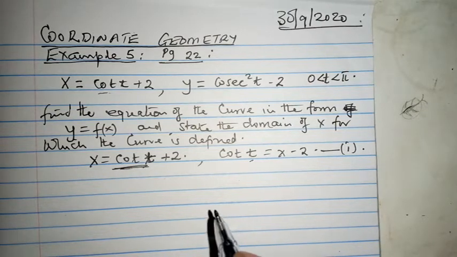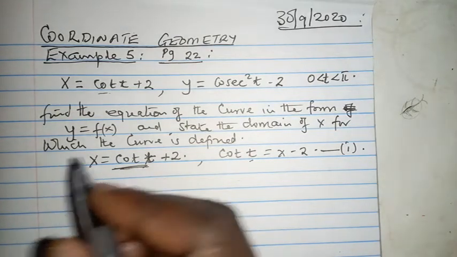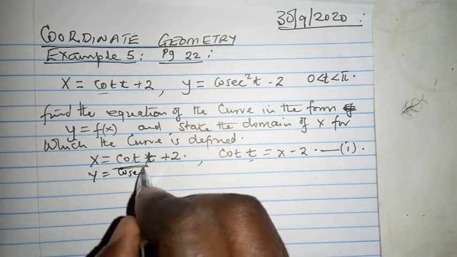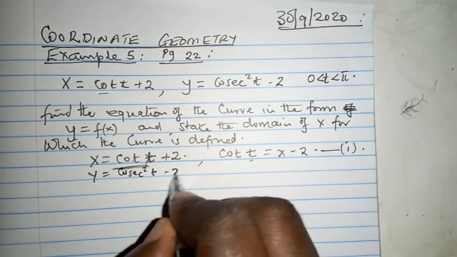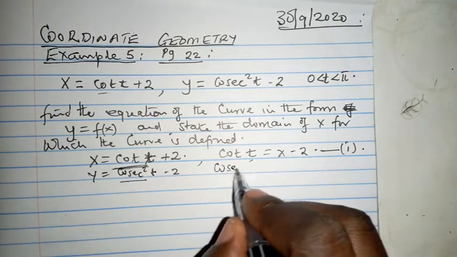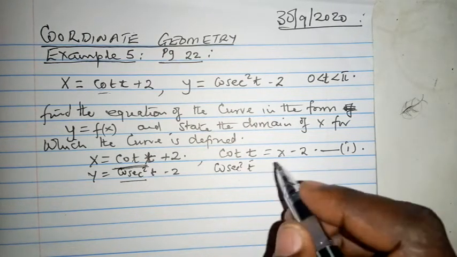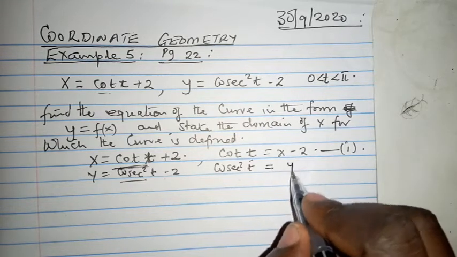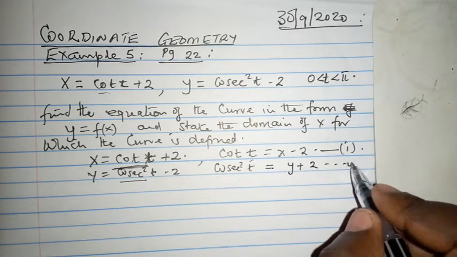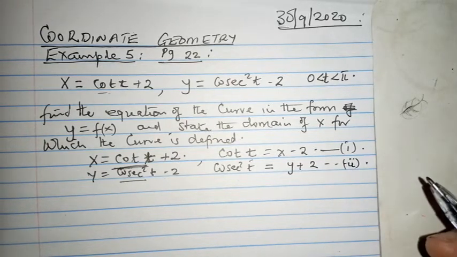From the second equation, y equals cosec squared t minus 2, so cosec squared t equals y plus 2, and this is equation number 2.